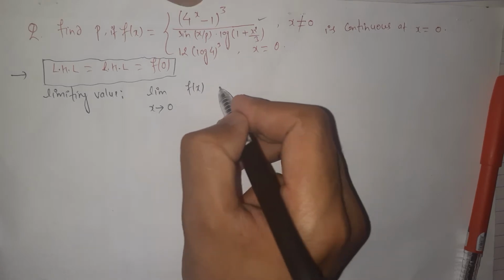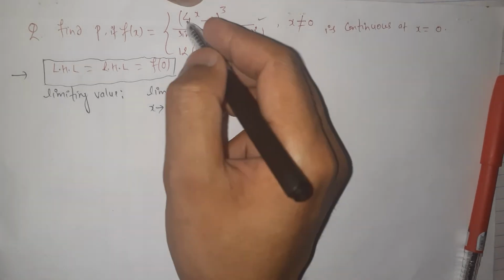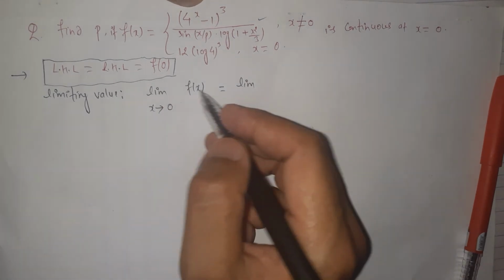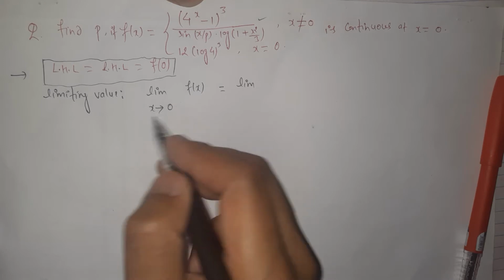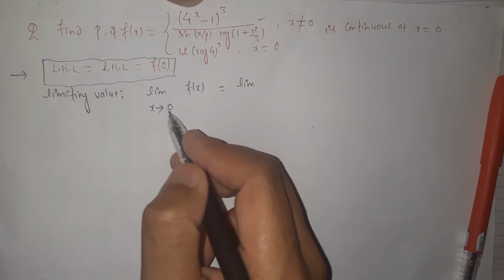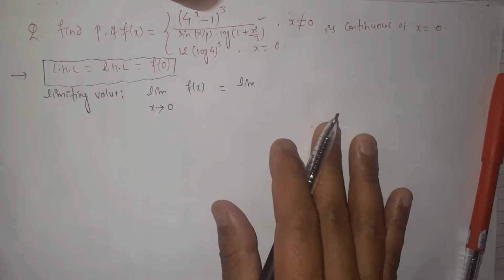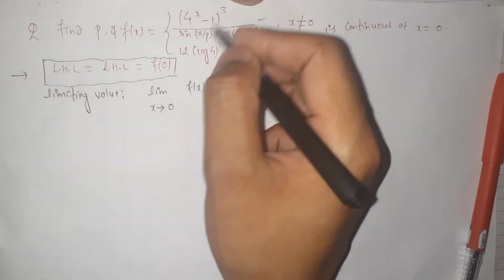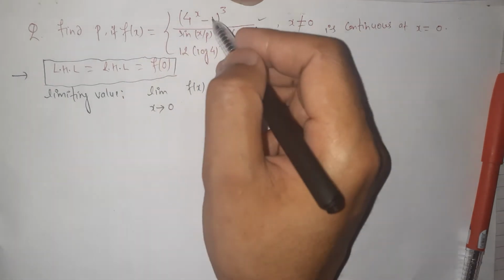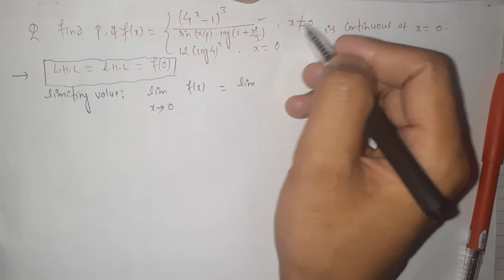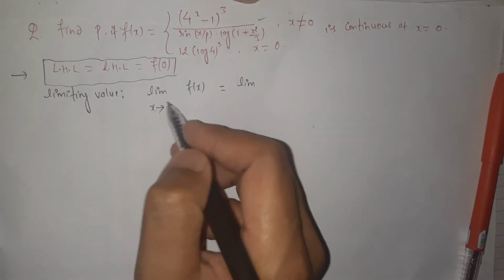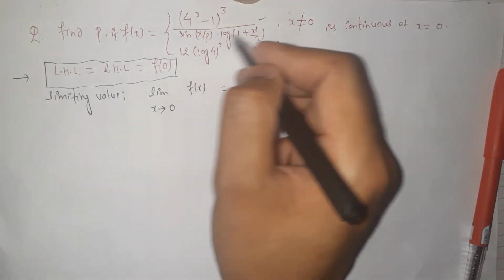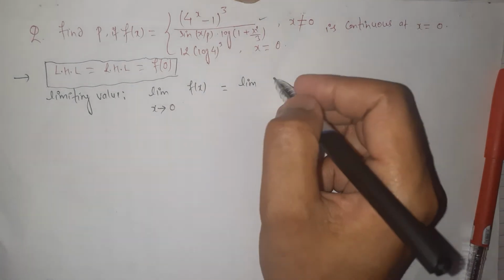Here we are approaching 0, not using the exact value x equals 0. The first function is valid if x does not equal 0, and x tends to 0 means x is not exactly 0, so we select the first function.